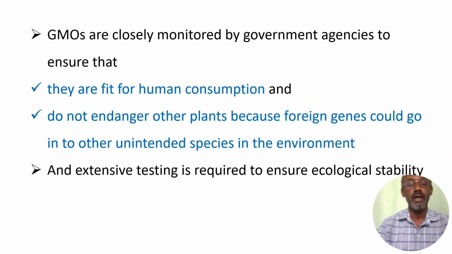Still, some argue that they benefit humanity in many areas like agriculture, medicine, drug production, and industrial products. Of course, you know that human insulin is produced by genetically engineering E. coli. You take the insulin gene from human, insert it into bacteria. This bacteria can easily be grown in the lab under controlled conditions so that you can produce insulin for diabetes mellitus patients. This is one area of application.